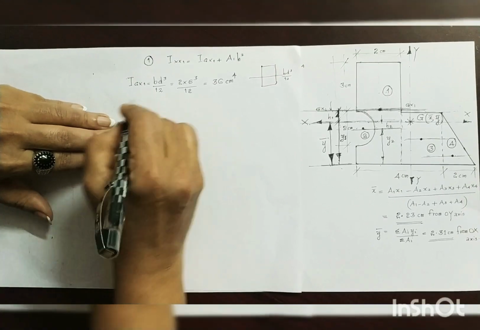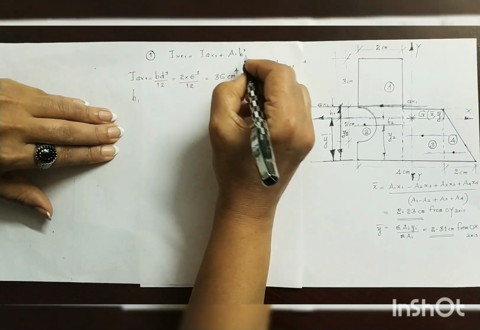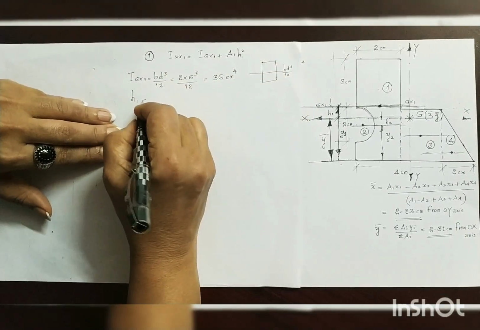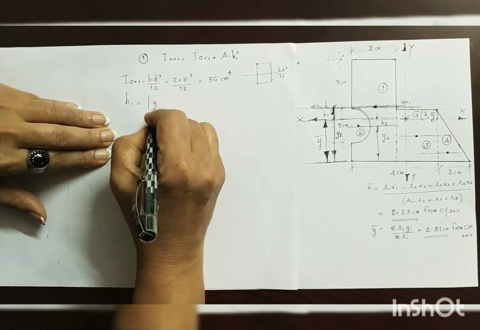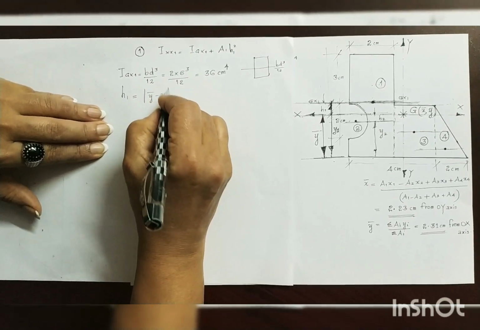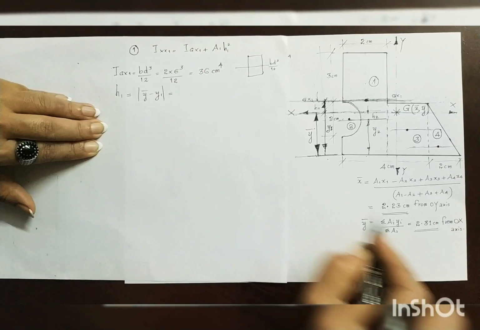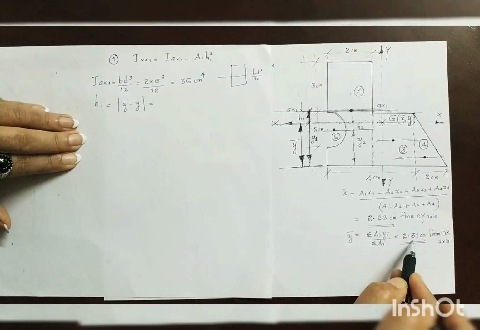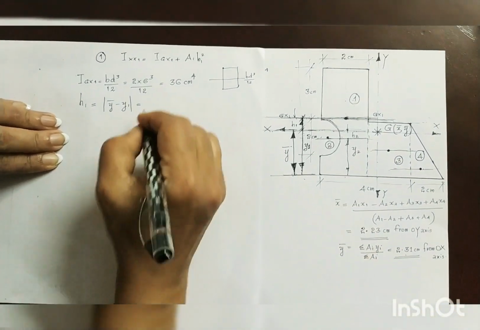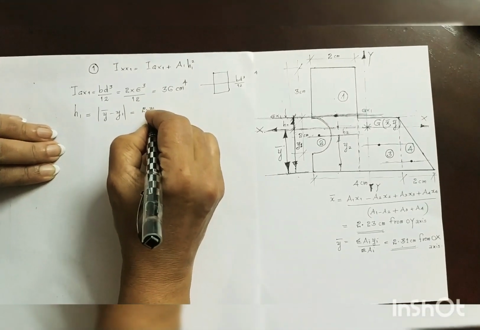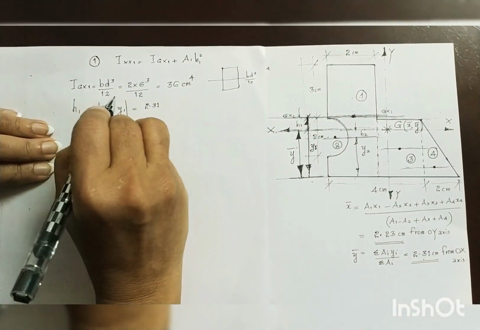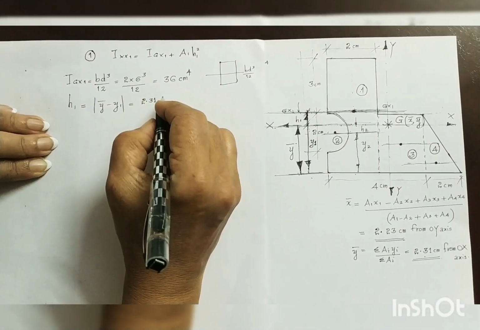Right? Now h1 is equal to the absolute value of y bar minus y1. Y bar was 2.31, and y1, we have already found, is 3.